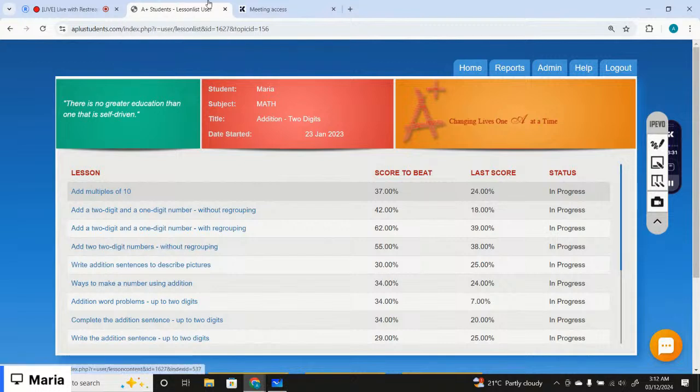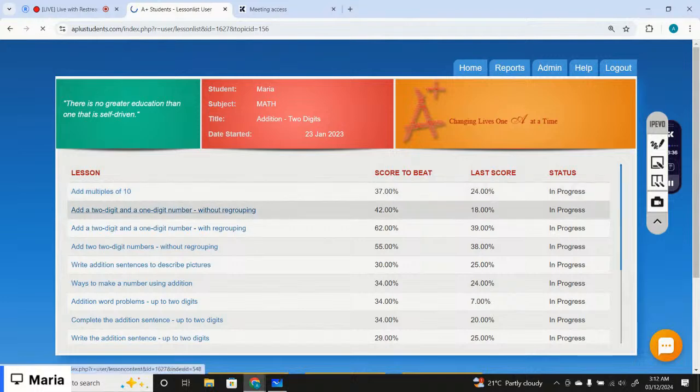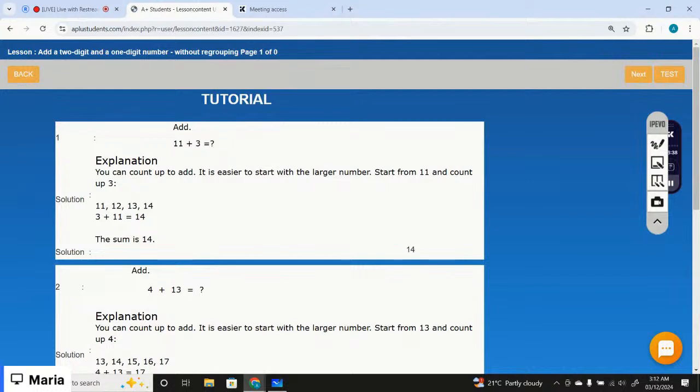That is add a two digit and a one digit number without regrouping. 11 plus 3.